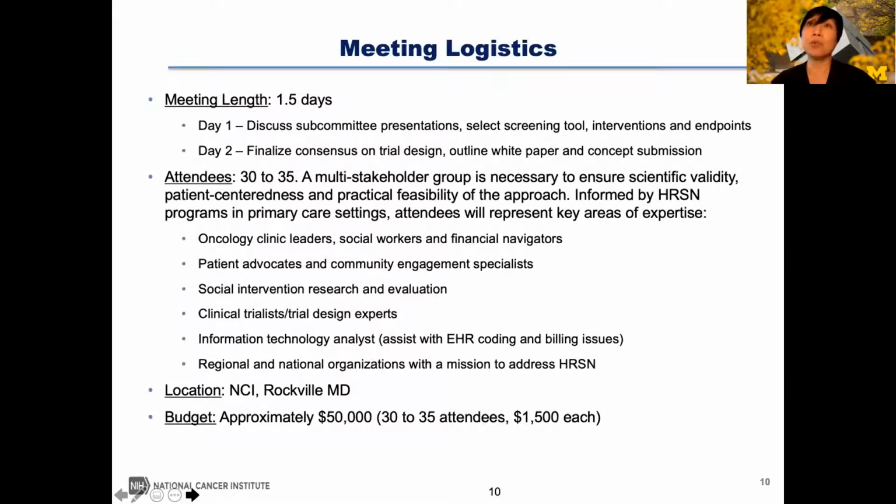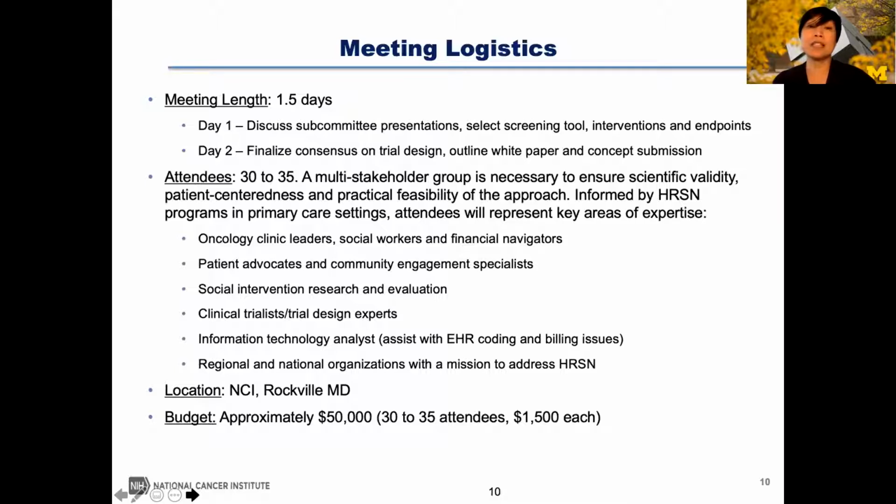The number of attendees, in order to make it a flexible yet representative group, is targeted at approximately 30 to 35, with multi-stakeholder groups both within and currently outside the NCI, CCDR groups, and the NCORP. This multi-stakeholder group ensures scientific validity, patient-centeredness, and a practical approach.